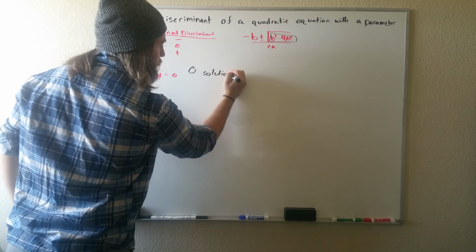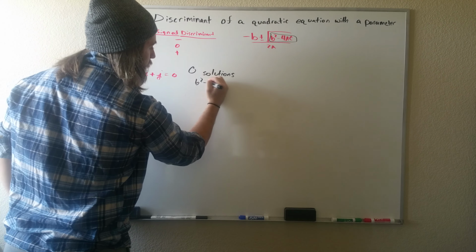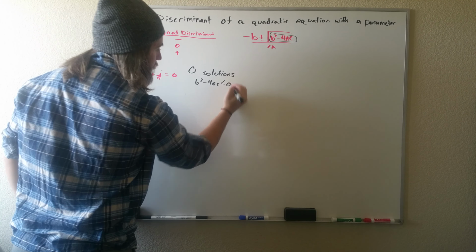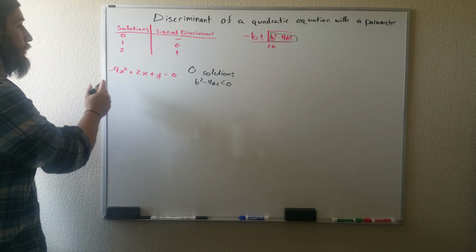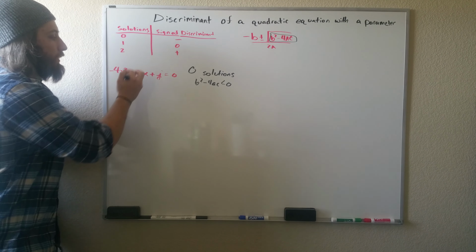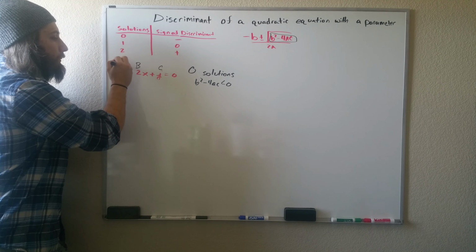When there's 0 solutions, we want b squared minus 4ac to be less than 0. So we'll just plug in our numbers. So here's our b, c, and a.